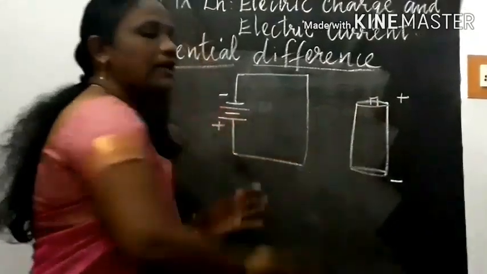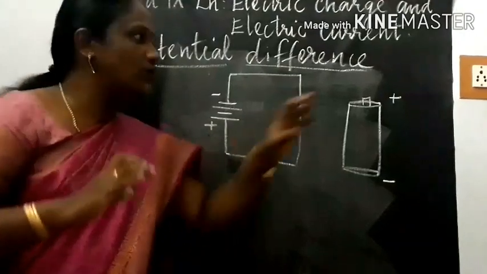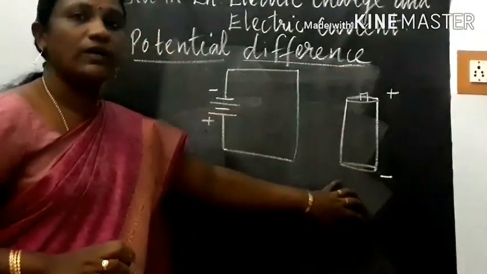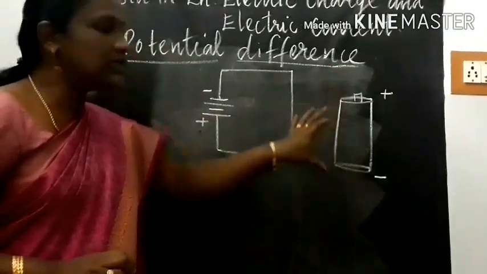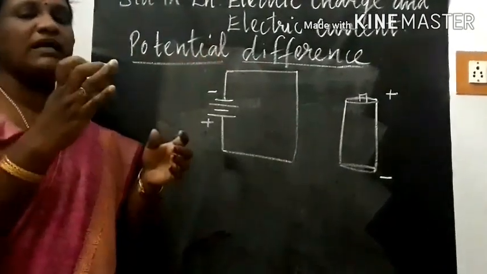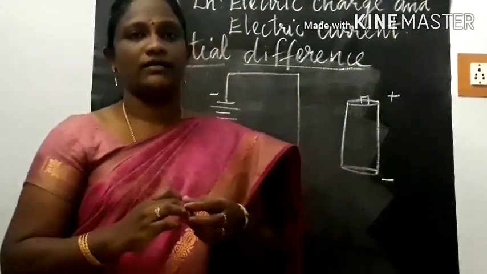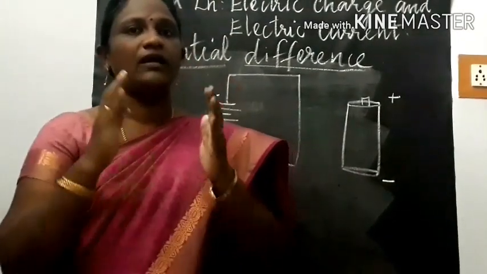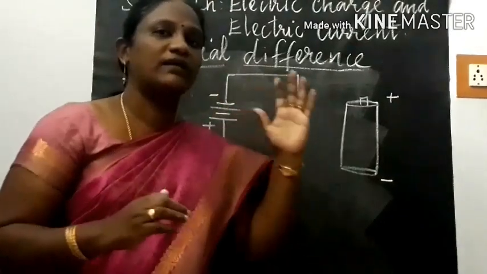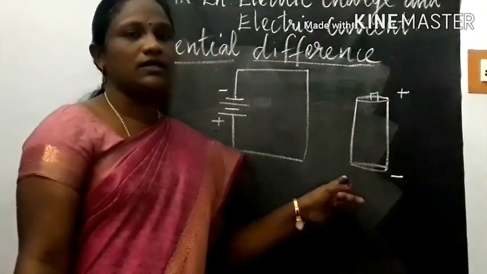Some chemical energy will be created which creates a difference between the positive terminal and the negative terminal. This difference is called the potential difference. So this chemical energy will be converted into electrical energy. The electrical energy will flow only when there is a difference between the positive and the negative terminal.